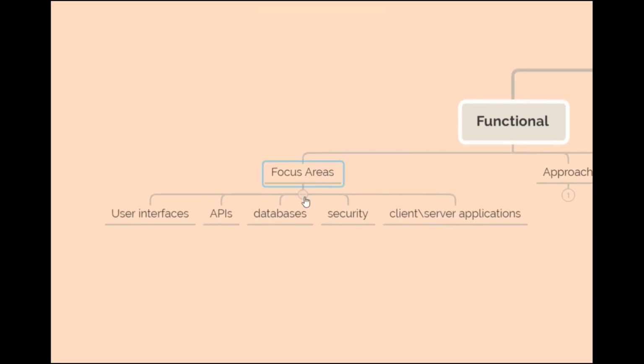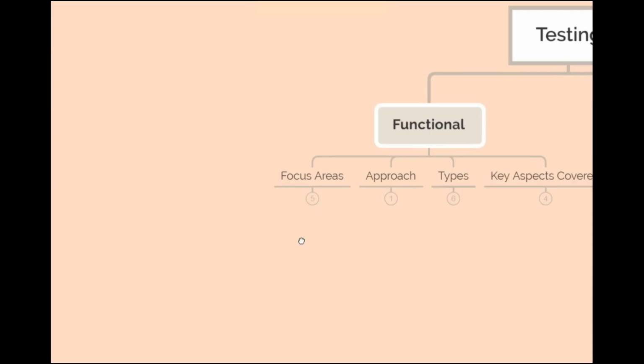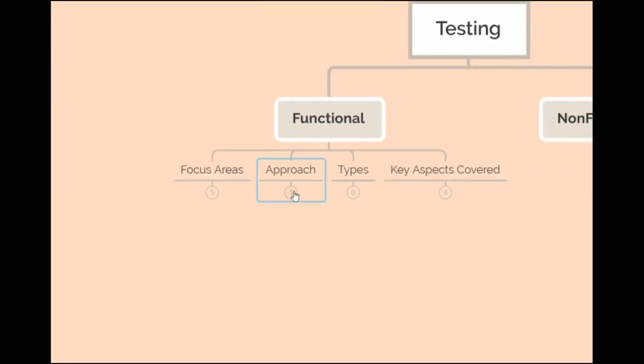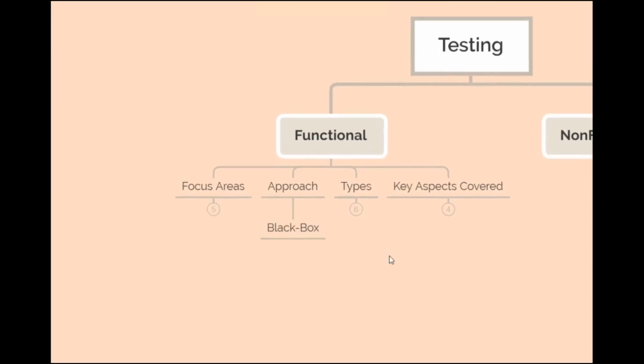Related to focus areas, we have the following areas: user interfaces, APIs, databases, security, and client-server applications. Related to approach, it is usually black box testing, meaning the tester does not need to know the internal workings or code structure.